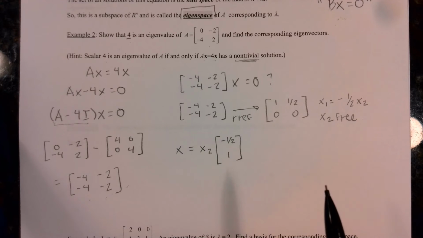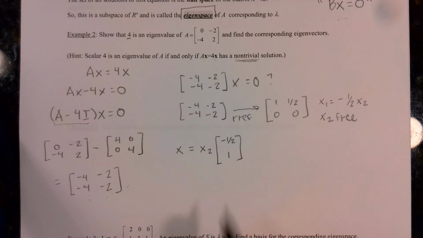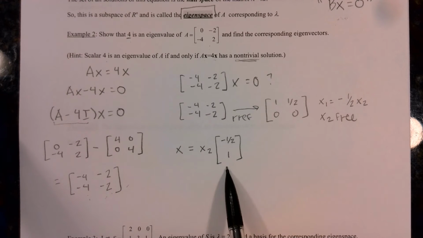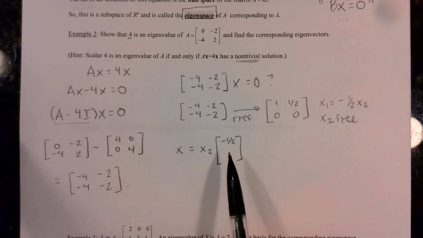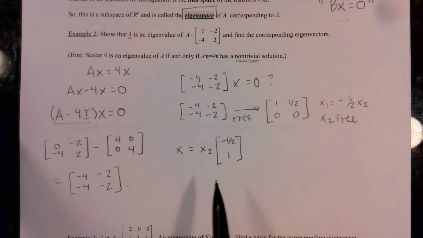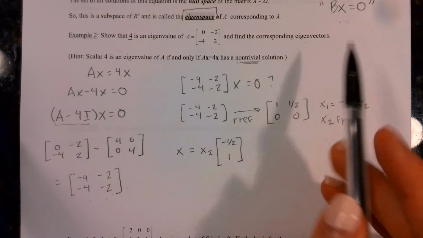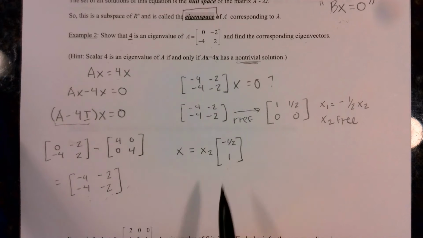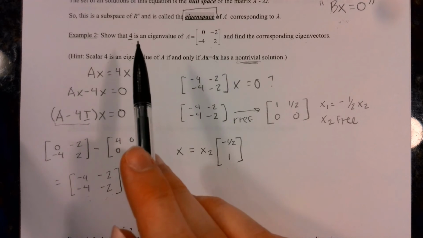We can even check, and I think I did, and I won't because we're already well into this video, but to check that this is an eigenvector corresponding to the eigenvalue of 4, I can multiply this vector times the original matrix and see if I get 4 times this vector out. That's what should be true. But notice that this is providing me all of the corresponding eigenvectors to lambda equals 4. This is an infinite number of vectors corresponding to lambda equals 4.